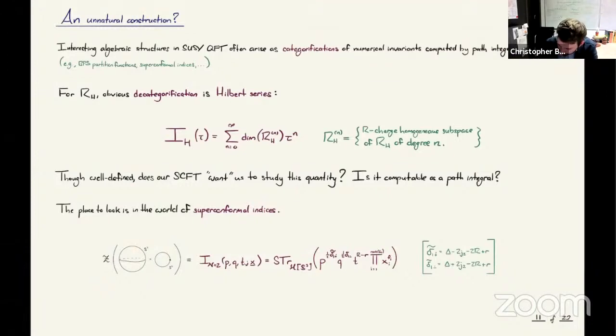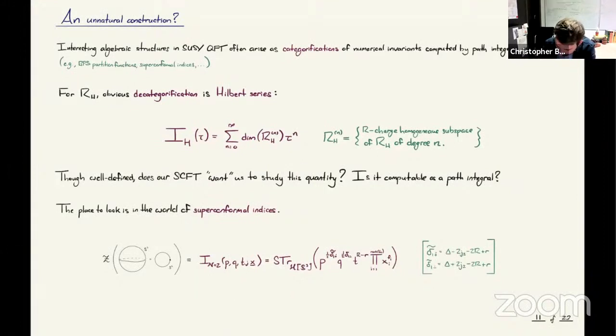multiplicities where you weight things by powers of P, Q, T, and X, where P, Q, and T are raised to powers that observe the charges of your operators under various Cartan generators of the superconformal algebra, and I can also include some extra parameters to measure charges with respect to global symmetries.